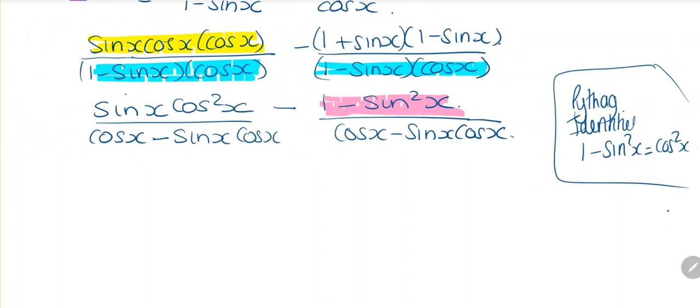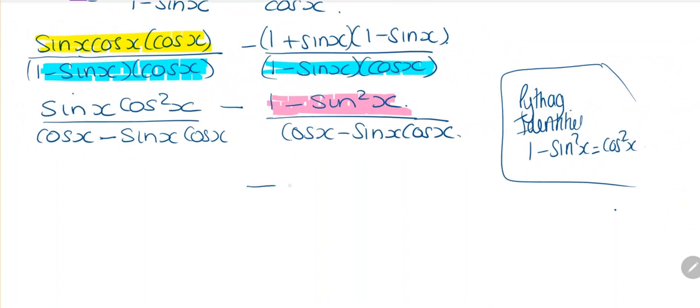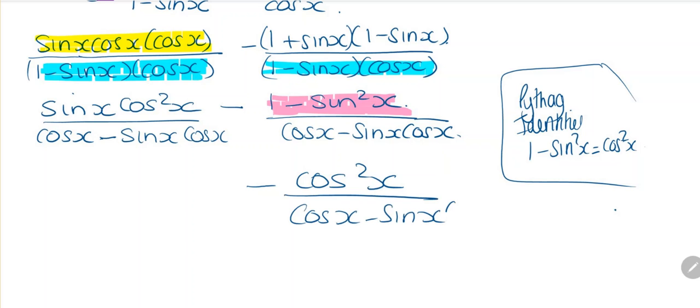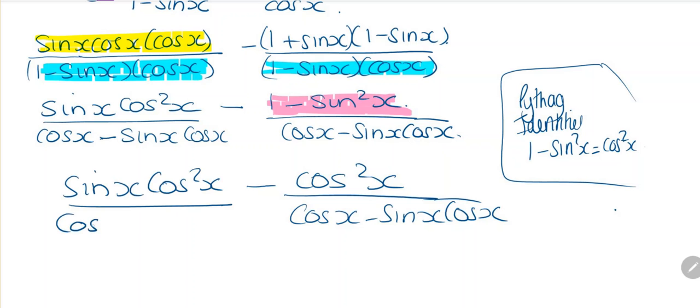So I'm going to just rewrite that: minus cosine squared x over cosine x minus sine x cosine x. And then on the other side, I'll just rewrite that as the same, and this is over cosine x minus sine x cosine x.